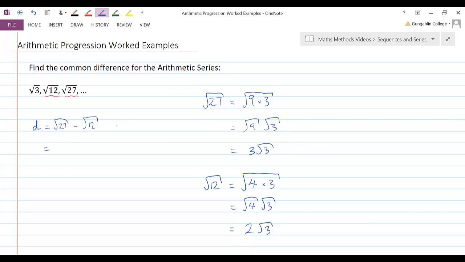I've just said that root 27 is the same as 3 root 3, and root 12 is the same as 2 root 3. The common difference there, 3 root 3 minus 2 root 3, is just root 3. So each step in this series is found by adding the square root of 3 to the previous term.